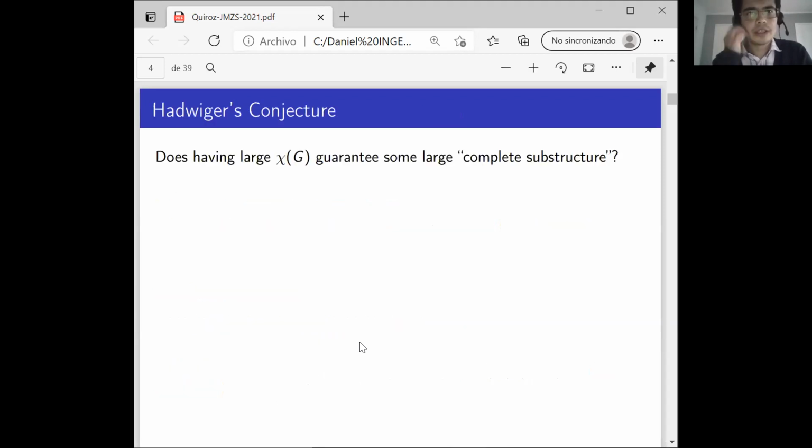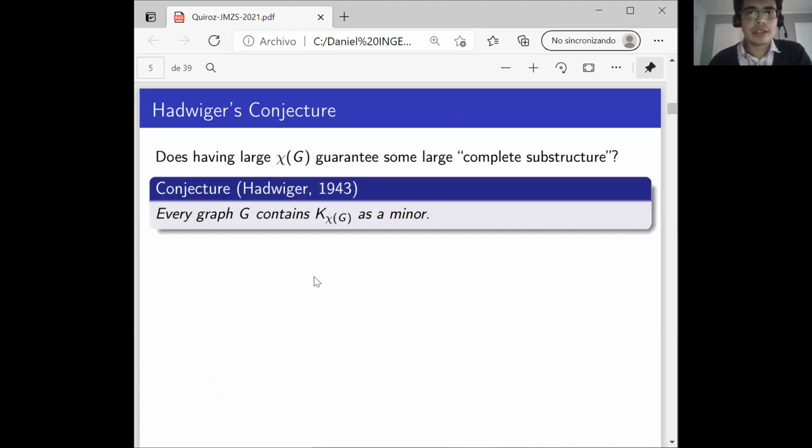Does having large chromatic number guarantee some large complete substructure? If we look at minors, then we are standing in front of Hadwiger's conjecture, which states that every graph contains a clique minor of the size of its chromatic number.